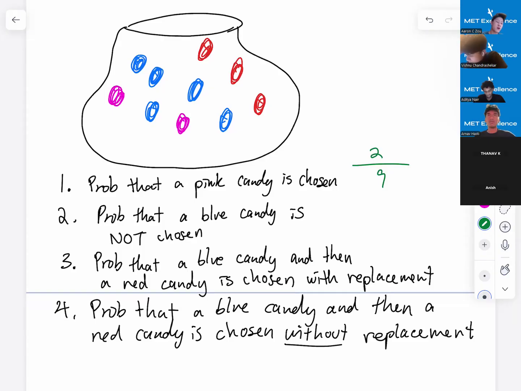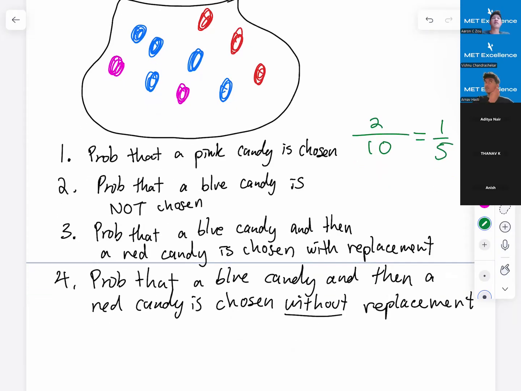So the first one is 2/9. All right. And with probabilities, you can express them as decimals, percentages, or reduced fractions. All of them are acceptable. There are 10 candies. 1, 2, 3, 4, 5, 6, 7, 8, 9. Oh, you're right. There are 10 candies. Good catch. So this will be 1/5 or 0.2, 20%.